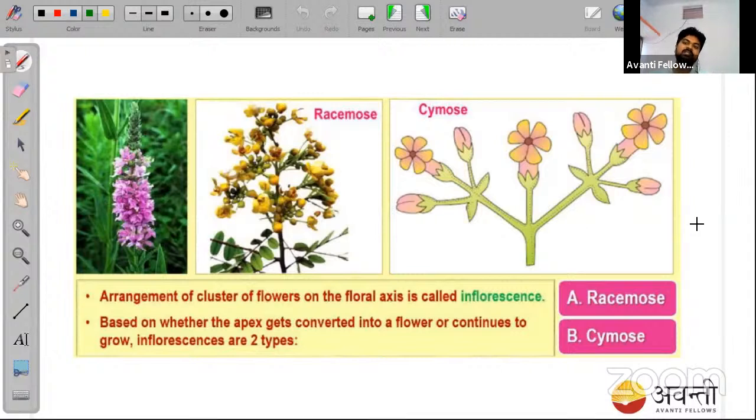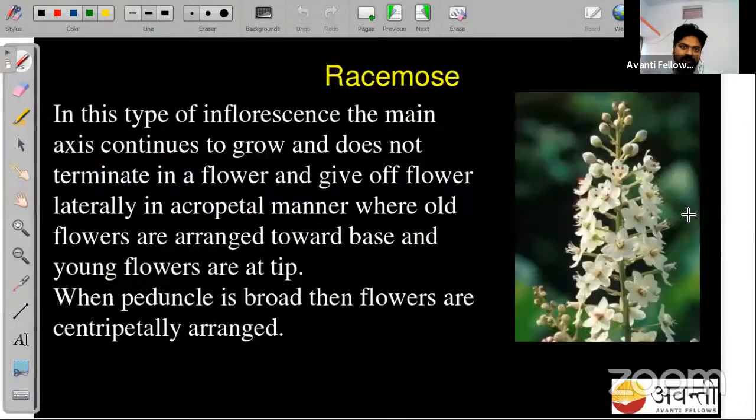So let's start with the racemose. What is meant by racemose? It is a type of inflorescence in which the main axis continues to grow and does not terminate into a flower.